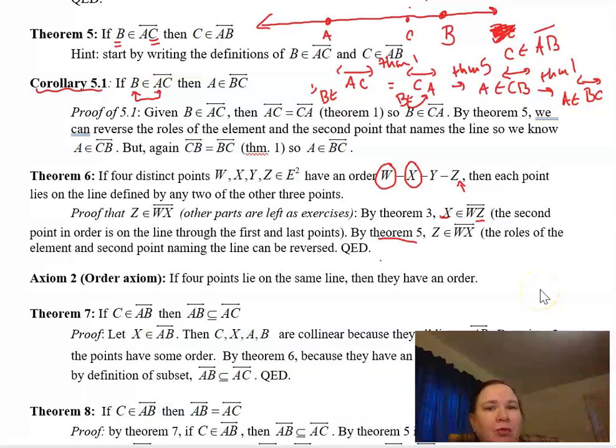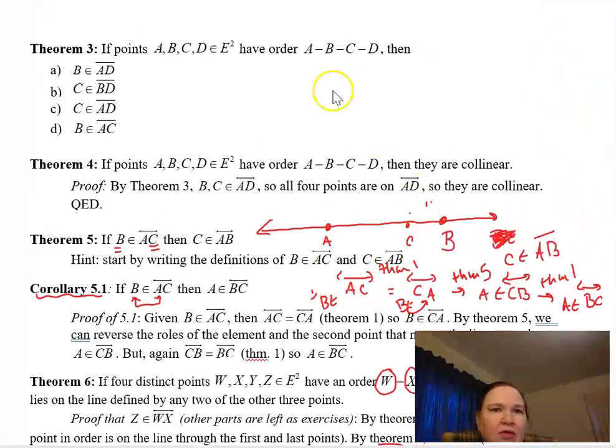So one of your homework problems asks you to do a couple more of these. So I picked like 3 random letters out of W, X, Y, Z and said, okay, how are you going to get these together? And you're going to do it by using Theorem 3, which will let you either say that one of these middle ones is on the line with the outer two, or that one of these middle ones is on the line with the two it's right between.